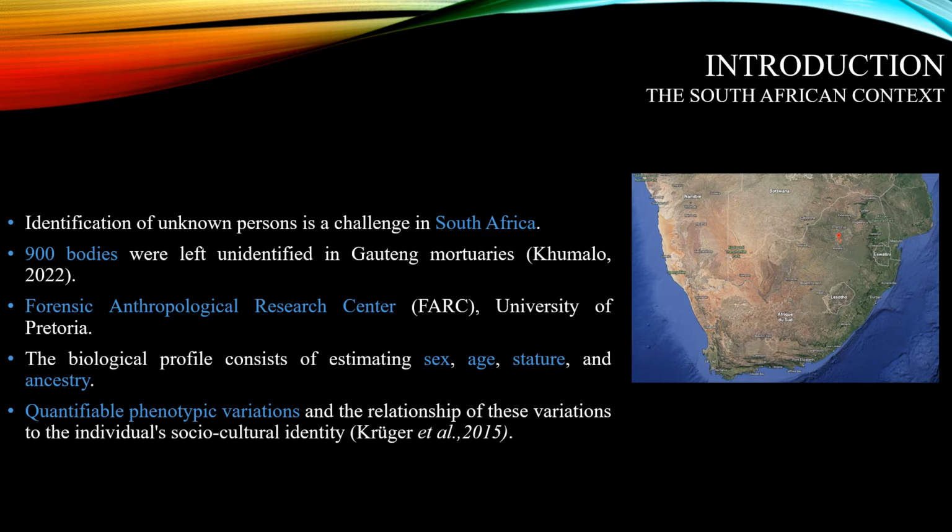Several studies have shown that sexual dimorphism expression is highly population-specific. Therefore, the probable identification of an unknown individual is based on quantifiable phenotypic variations and the relationships of these variations to the individual's socio-cultural identity.